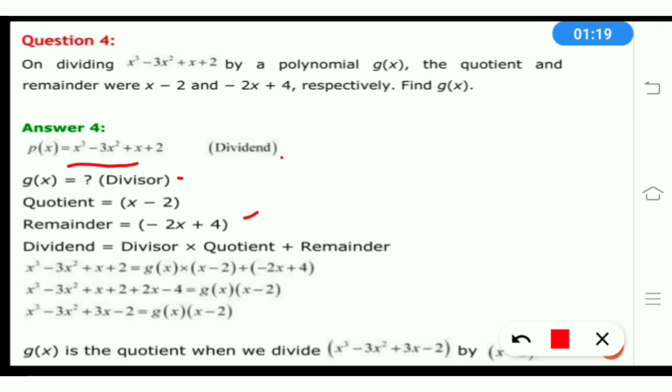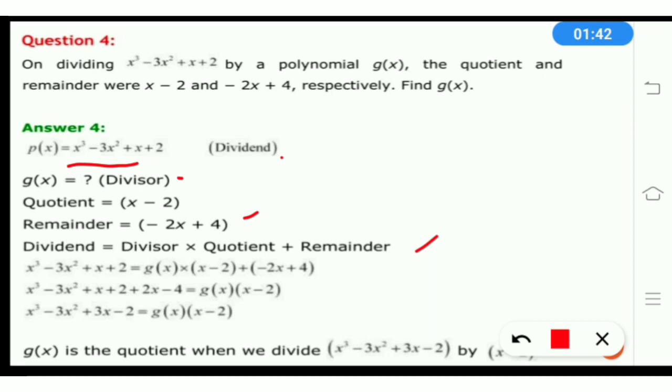Clear? Now with this formula, dividend equals divisor into quotient plus remainder. So x cube minus thrice x square plus x plus 2 equals g of x into quotient x minus 2, plus remainder minus twice x plus 4.